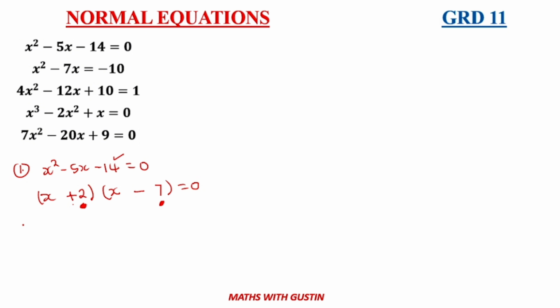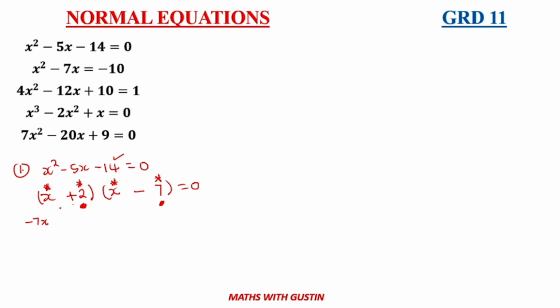The middle term you check by saying first times last. So it's going to be x times 7. Okay, so x times 7 gives us how much? Gives us -7x, and therefore you are going to say last times first. Okay, that's how you check first times last, last times first.